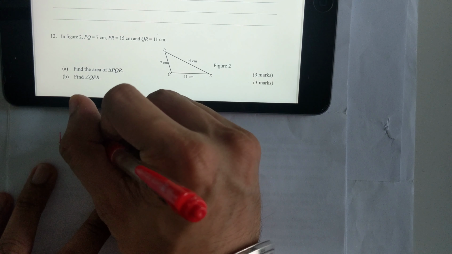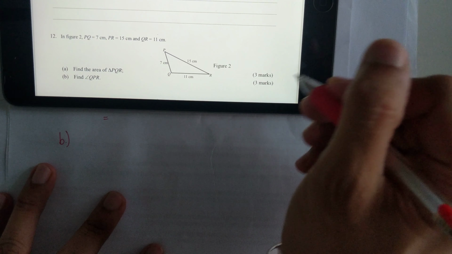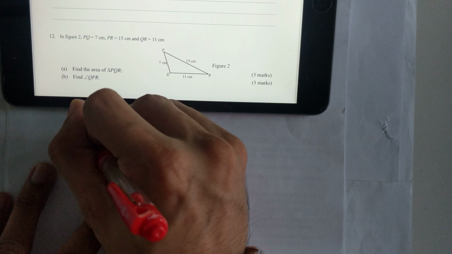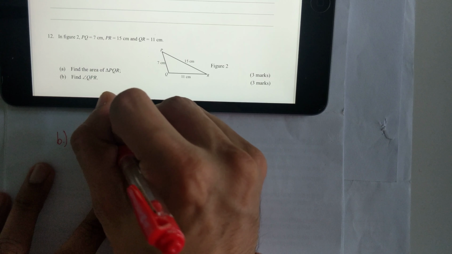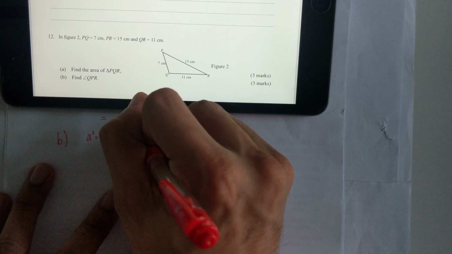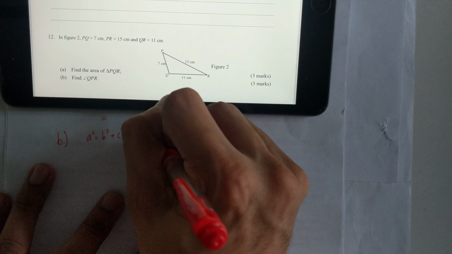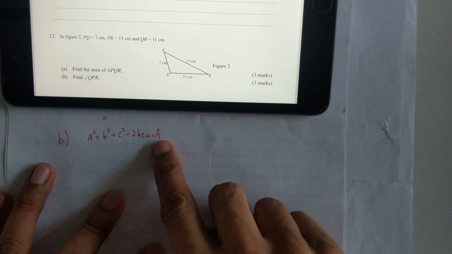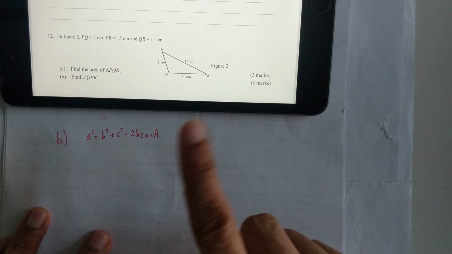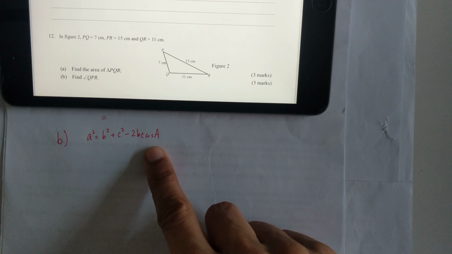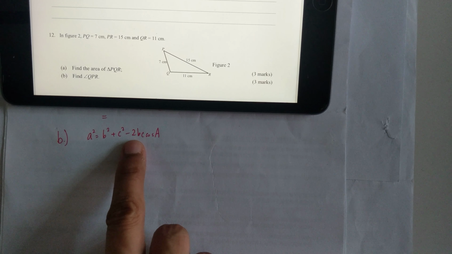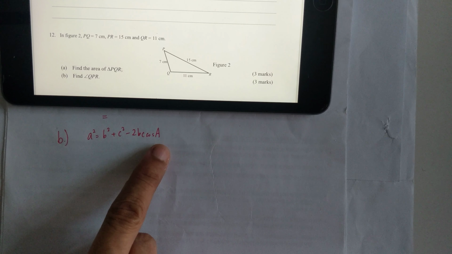In the cosine law, if you don't remember the angle formula, at least you should remember the traditional one. Once you remember this one, you can just rearrange it so that cosine A becomes the subject. Can you see there's a minus 2bc cosine A?